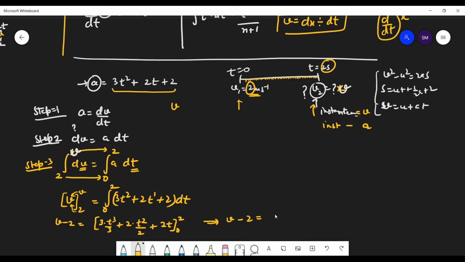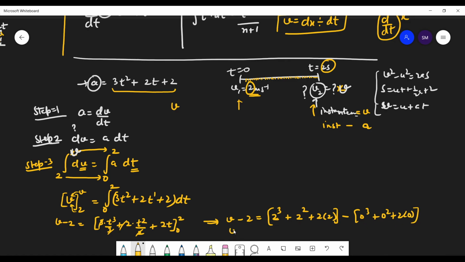Velocity minus 2 is equal to, so this 3 cancels out, 2 also cancels out. Now put t equals 2, so that's 2 cube plus 2 square plus 2 into 2, minus, put t equals 0, so that's 0 cube plus 0 square plus 2 into 0, so that will be 0.